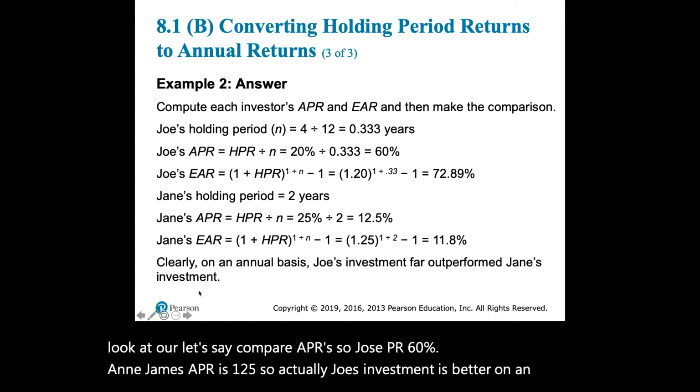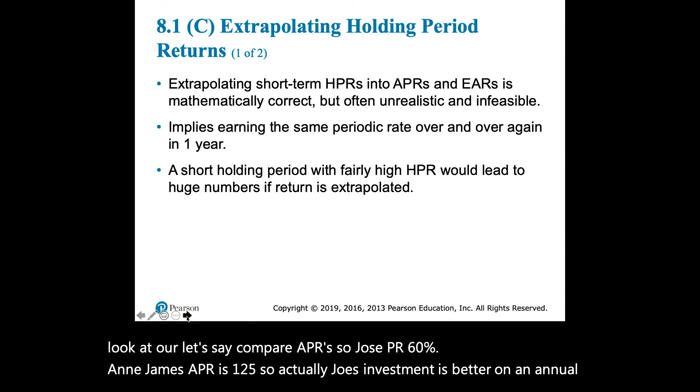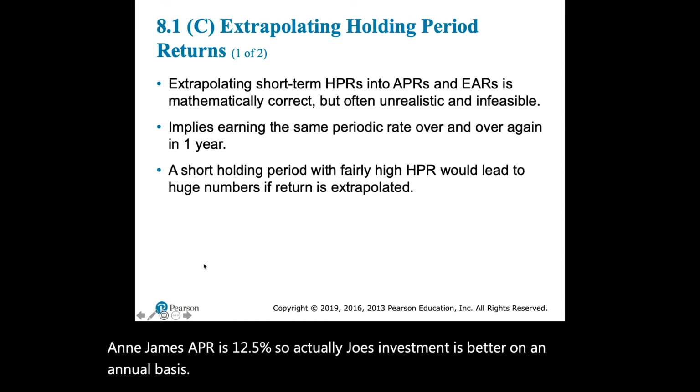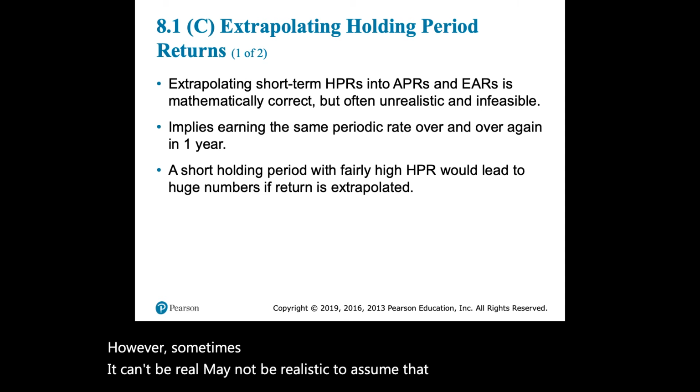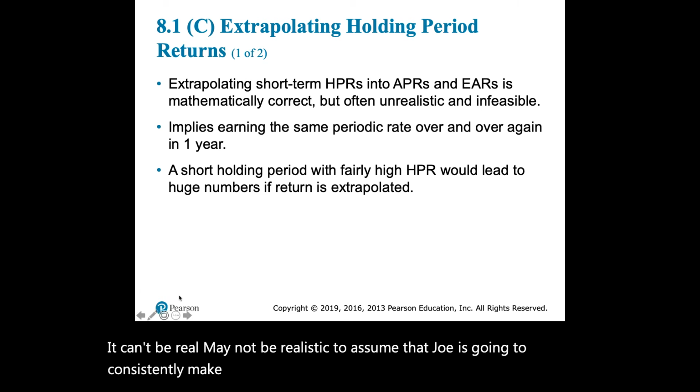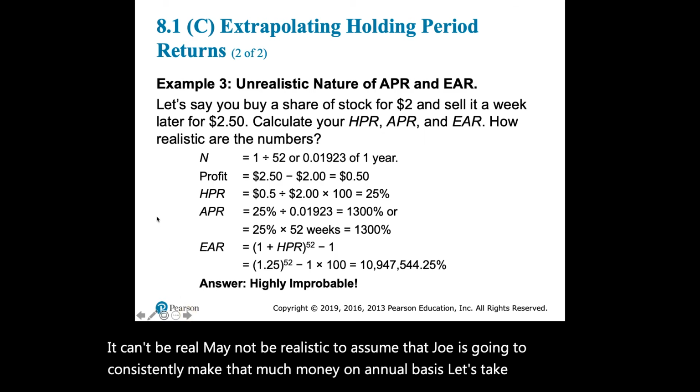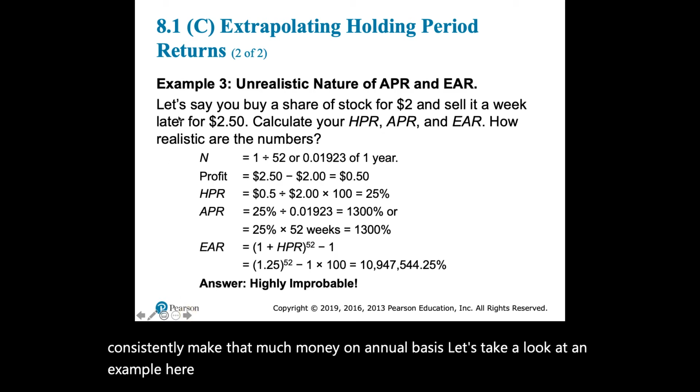However, sometimes it may not be realistic to assume that Joe is going to consistently make that much money on an annual basis. Let's take a look at an example. Let's say you buy a share of stock for $2 and sell it a week later for $2.50.